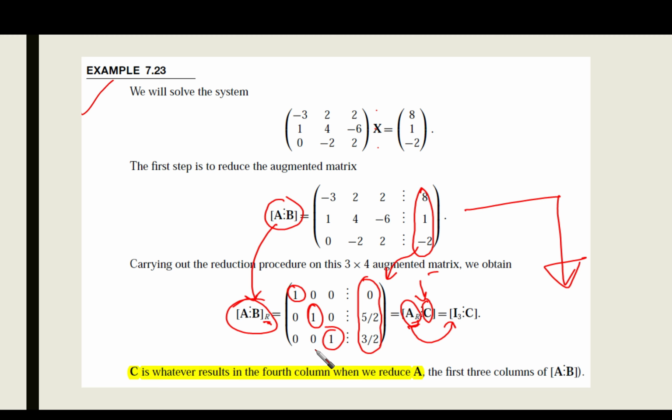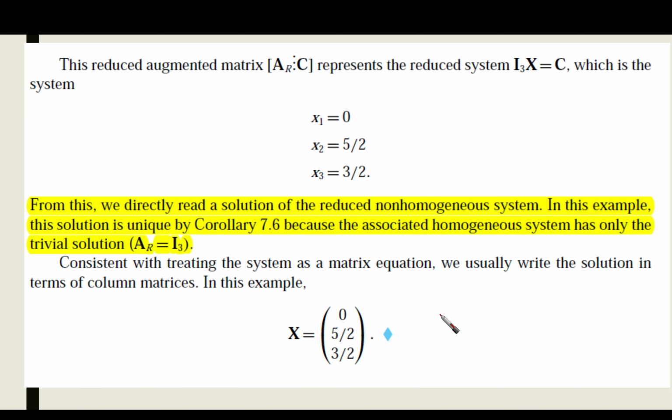This means that C is whatever results in the fourth column when we reduce A. The first 3 columns of this augmented matrix are going to be the reduced matrix, as we said. Now, can you remember something we told you before, whenever you reduce a matrix and find that the reduction is the identity matrix? Yes, we are going to see this.